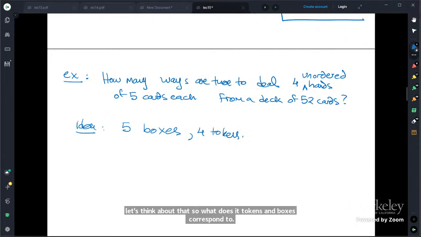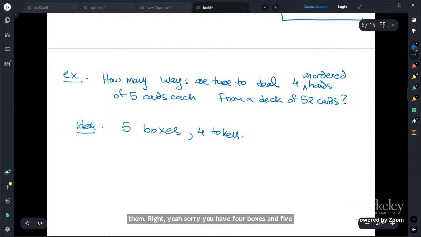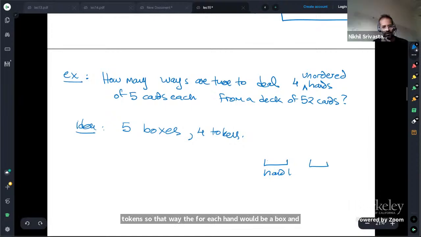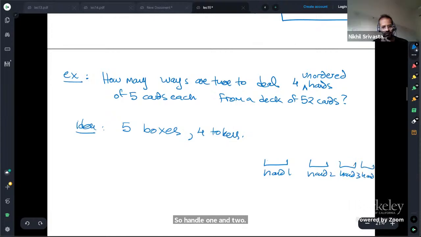You would switch them, right? You would have 4 boxes and 5 tokens, so that each hand would be a box, and then each card would be a token. So hand 1, hand 2, hand 3, and hand 4.